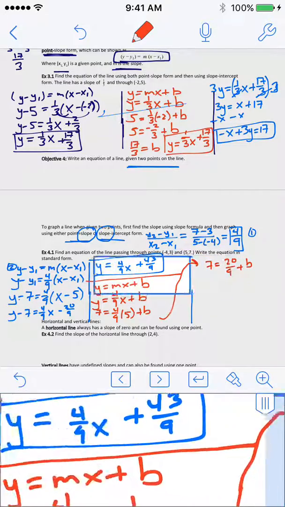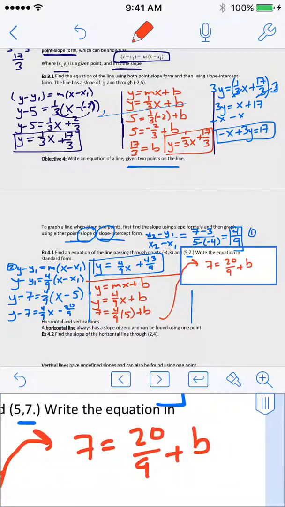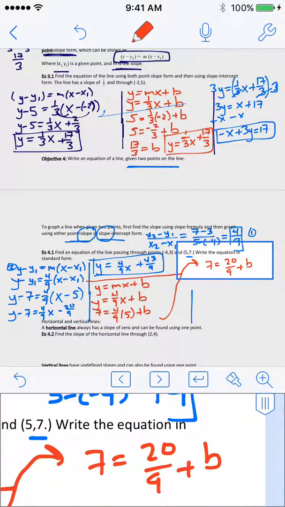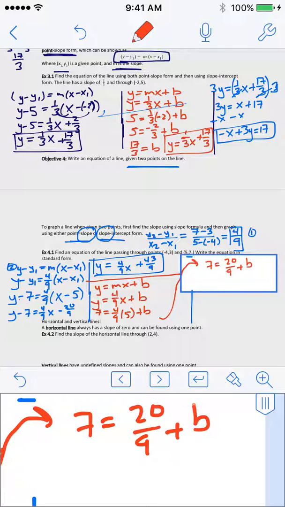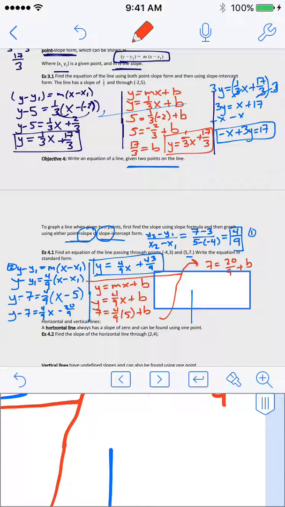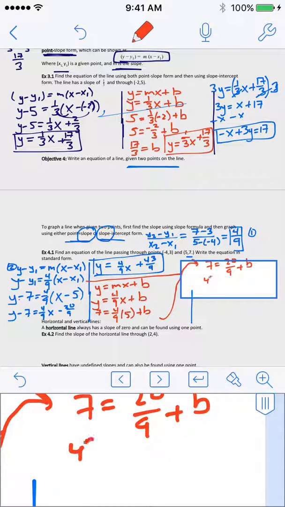Wow, this is very similar to what I'm seeing over here, right? It's exactly the same. Either you keep the x and y in or you don't keep the x and y in. Either way, you're going to have to deal with fractions in this problem. And that's okay. We'll figure it out. Subtract 20/9 from both sides. You end up with b is equal to 43/9.